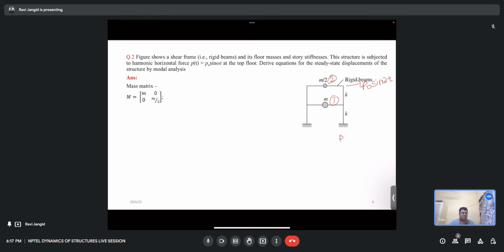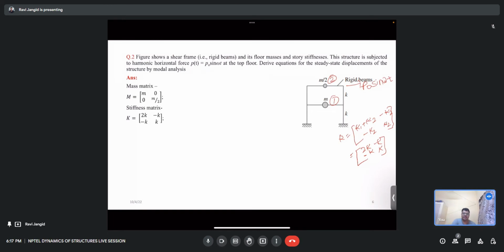So the stiffness matrix becomes k1 plus k2, minus k2, minus k2, and k2. That becomes 2k, minus k, minus k, k.